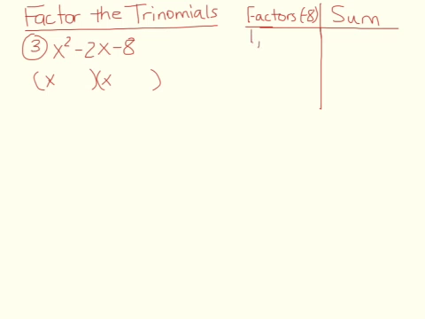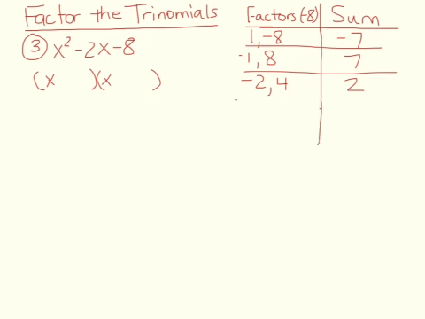So 1 times negative 8 would be negative 8, but that sum is negative 7. And negative 1 times positive 8 would also be negative 8 when I multiply them, but that sum is positive 7. So I still haven't found the sum of negative 2. So negative 2 times positive 4 would also be negative 8, and that sum is positive 2.